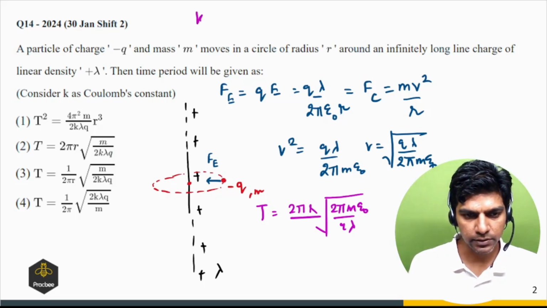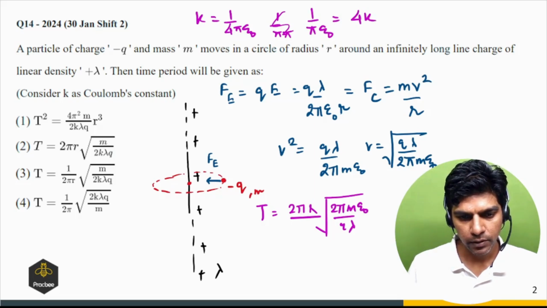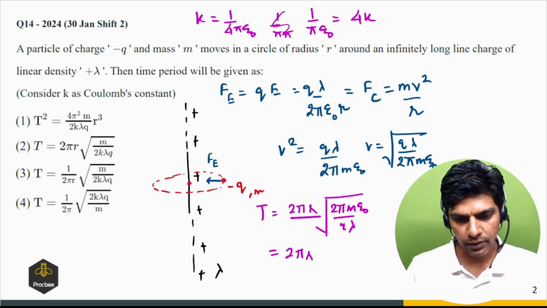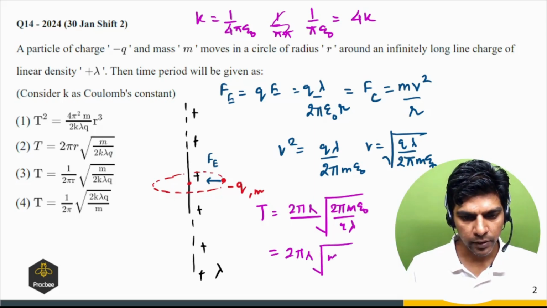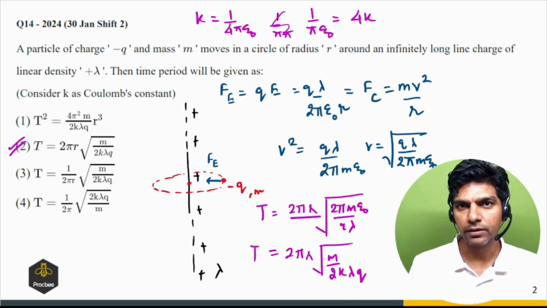So k is 1 upon 4 pi epsilon naught. So we can say 1 upon pi epsilon naught is equal to 4k. So from here this can be written as 2 pi r root m upon 2k lambda q. So option 2 is the right answer.